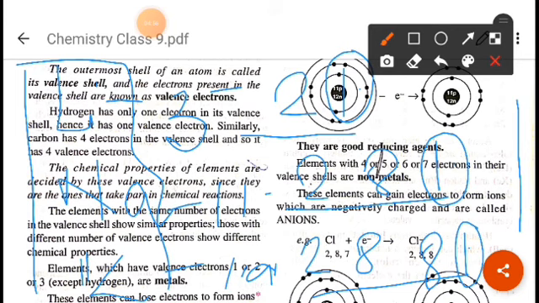The elements with the same number of electrons in the valence shell show similar properties. I hope you have understood this.